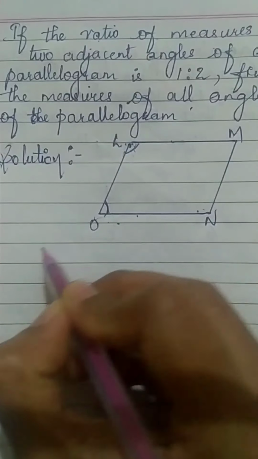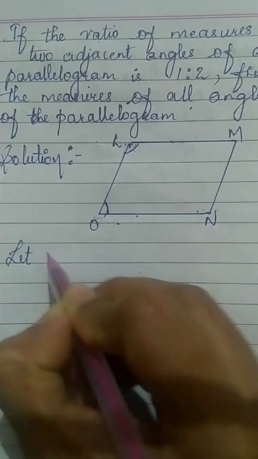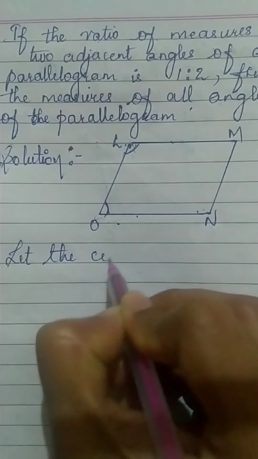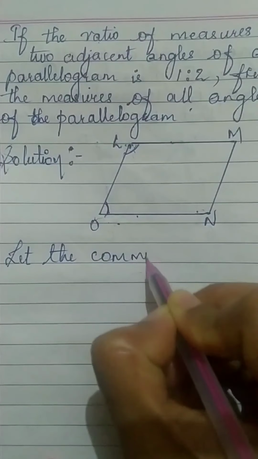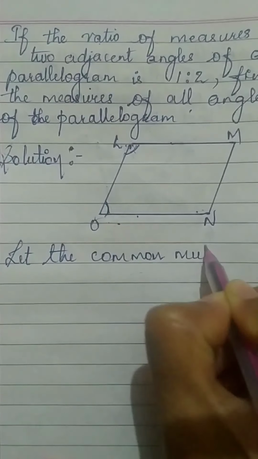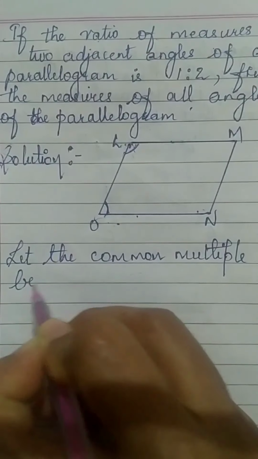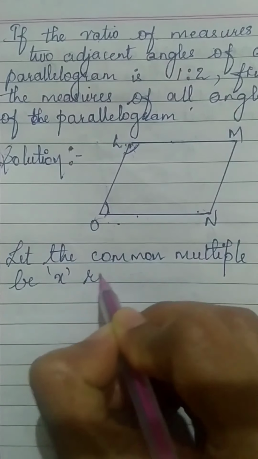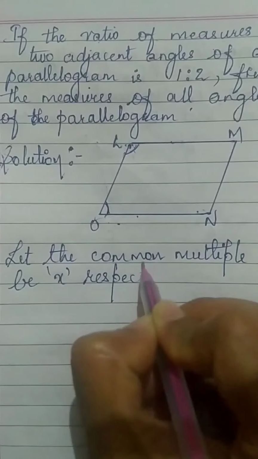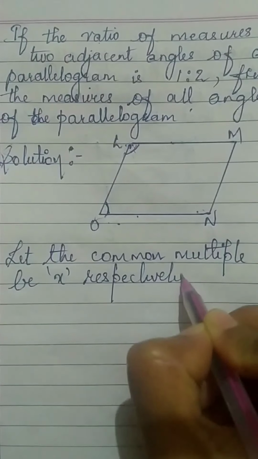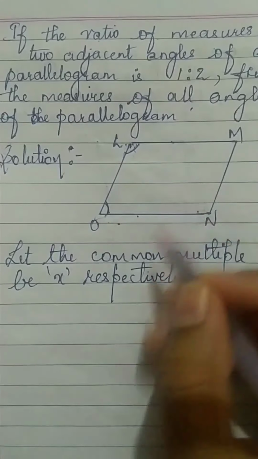Okay, so let us write the introduction as, let the common multiple be x respectively, because the ratio is given. So we will take the common multiple as x respectively.